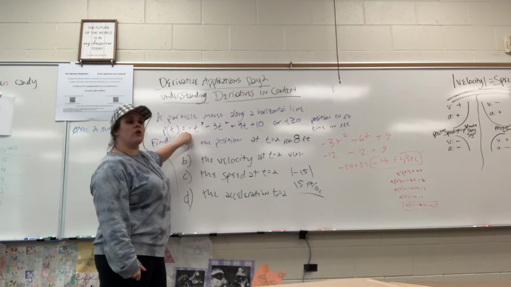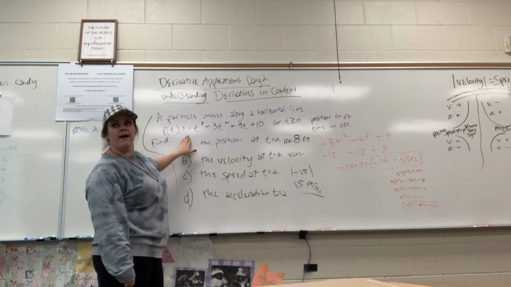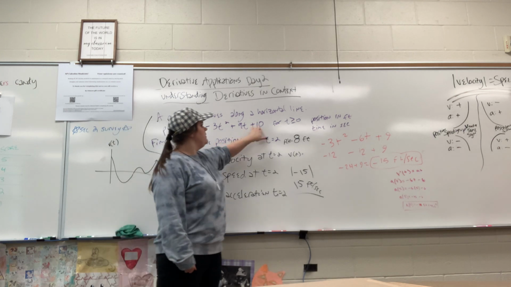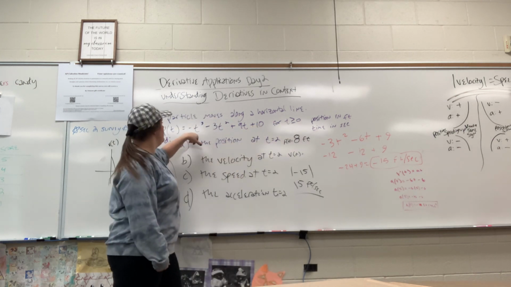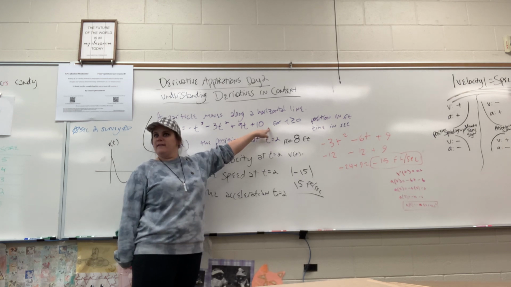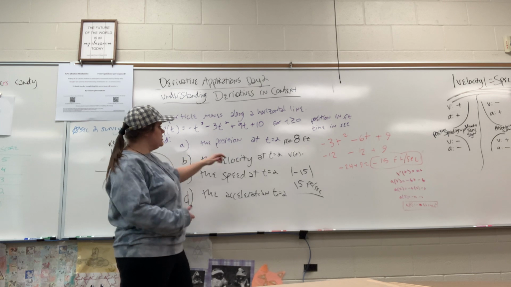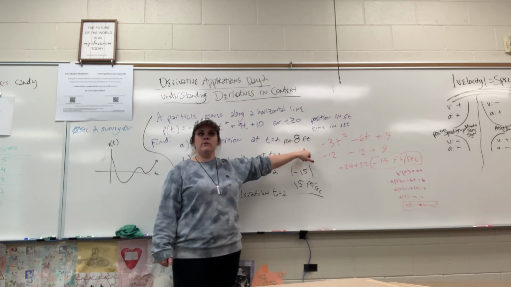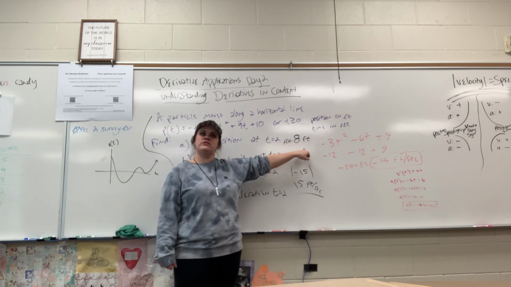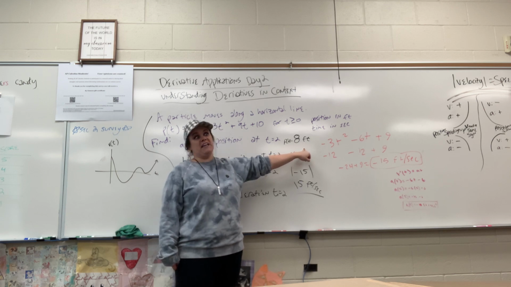Do I know where this particle started? Yeah. 10. At time equals 0, it's 10, right? Okay? The ending position at time equals 2 of this particle is 8. What's the displacement of the particle at 2 seconds? -2, right?